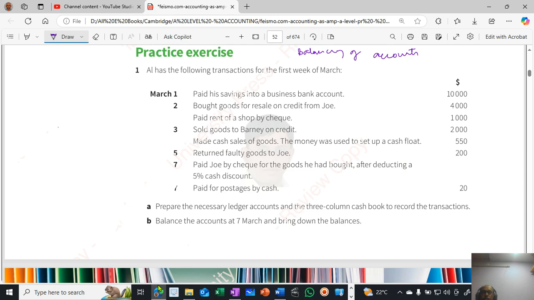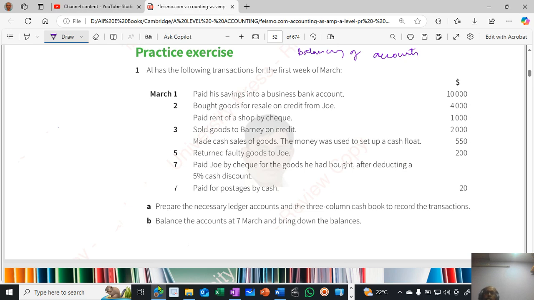Basically, it's a very small question. In this lesson, we'll learn how to balance an account. Balancing is nothing but totaling up all the values and then finding the difference and putting it in the right place. So that is what balancing of accounts is.